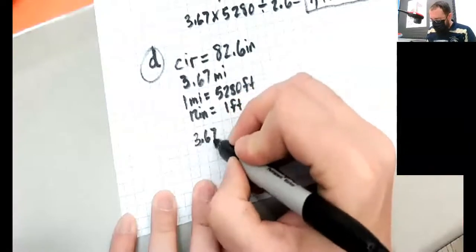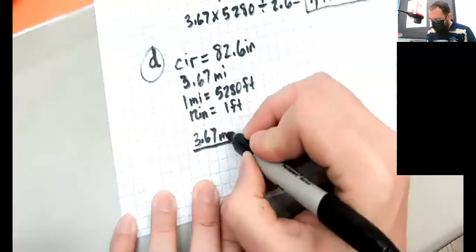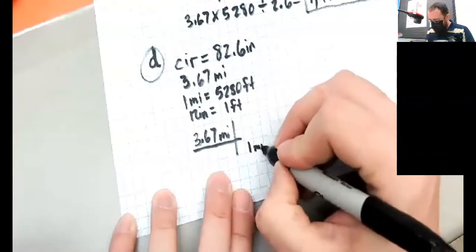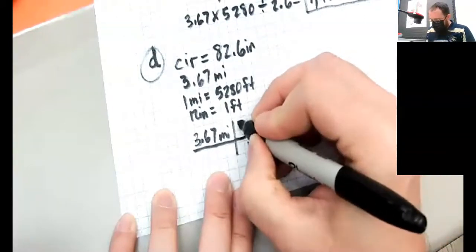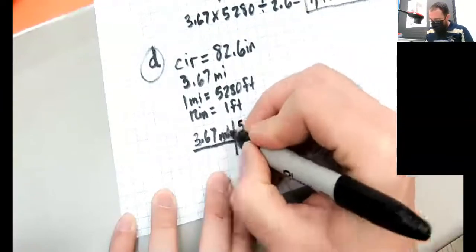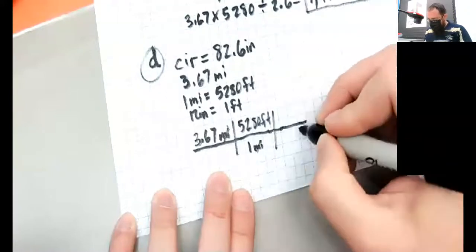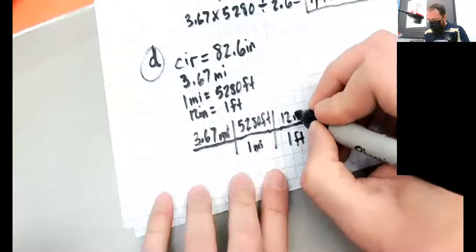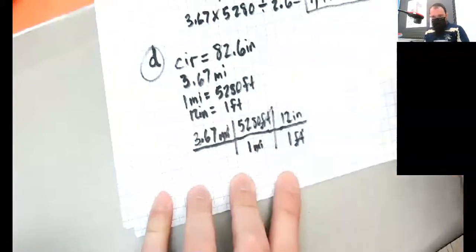I have miles, and I want to convert miles. 1 mile is 5,280 feet. Miles cancel out. And 1 foot is 12 inches. Feet cancel out.